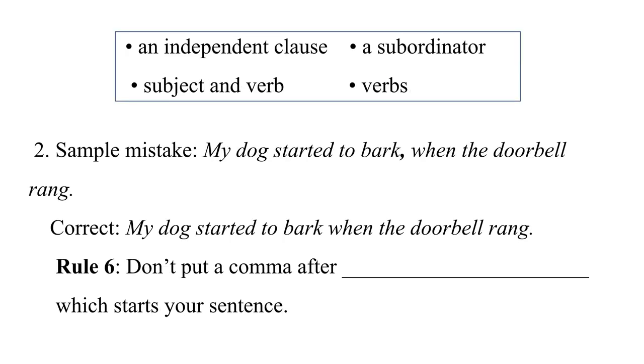Here is the second sample mistake. My dog started to bark, comma, when the doorbell rang. And then here is the correct way to write that sentence. My dog started to bark when the doorbell rang, with no comma.